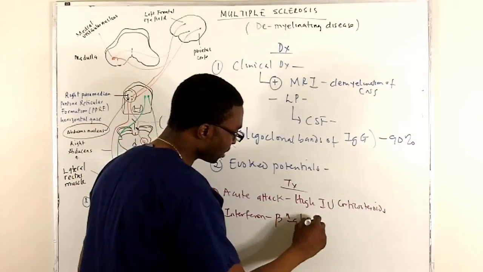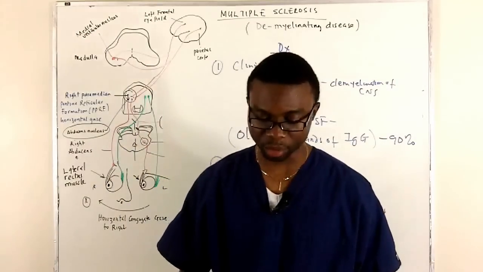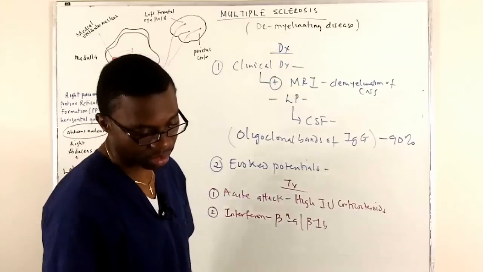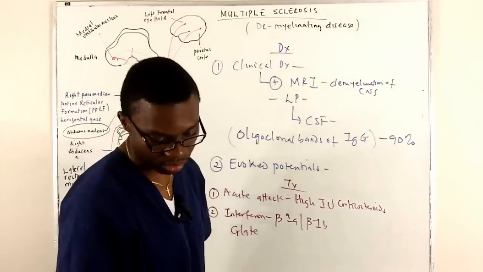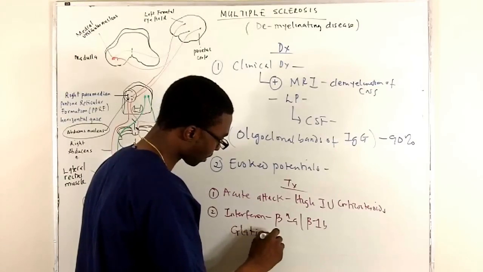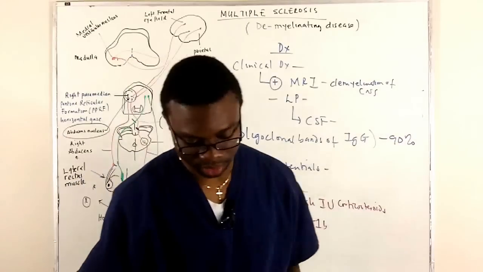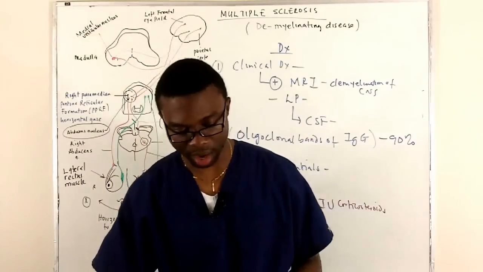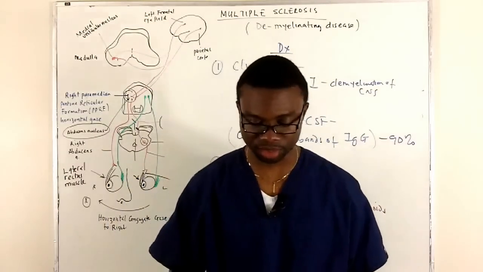Those are the two interferon agents we use. And you can also use glatiramer acetate, which is the drug of choice to help reduce the relapse rate of patients that have multiple sclerosis.